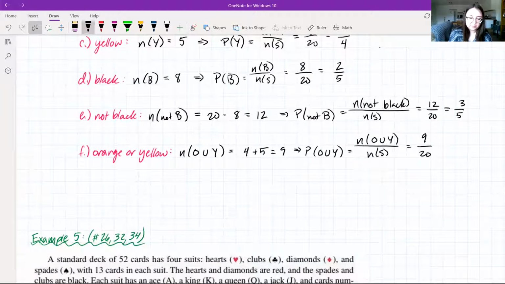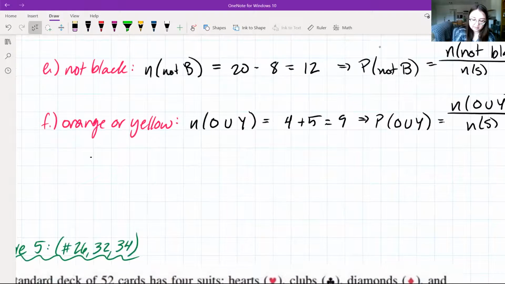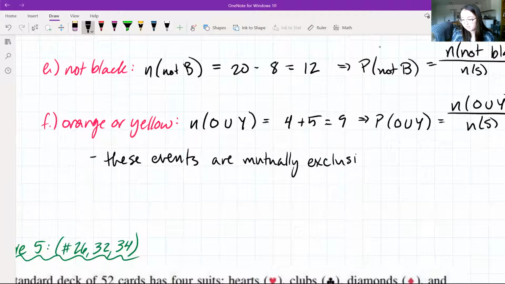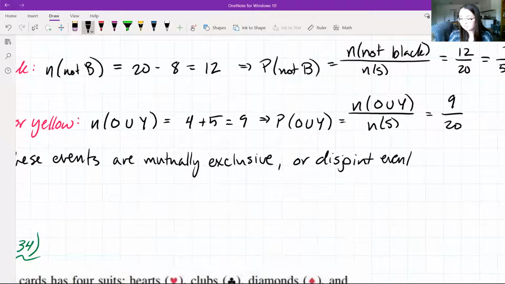All right, so since we kind of made a note about this, let's say something. So we say that these events are mutually exclusive or disjoint events. So they're disjoint because they don't share any of the same elements and they can't happen at the same time.